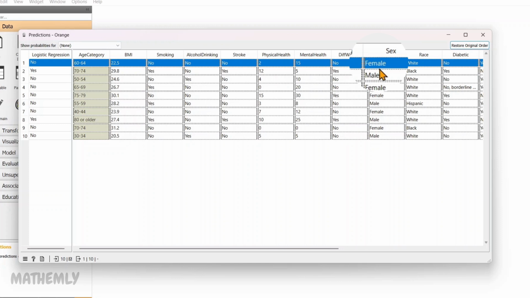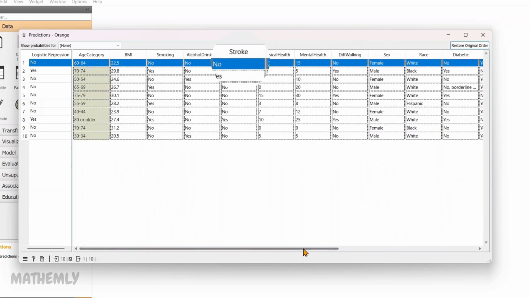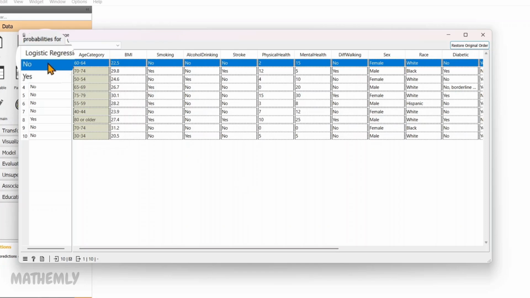Their biological sex is female, and there are other metrics as well. Based on these factors, the model predicts that the individual does not have a heart disease. By analyzing such predictions for multiple individuals, we can understand how different health and lifestyle factors influence the model's decision making and assess its accuracy.